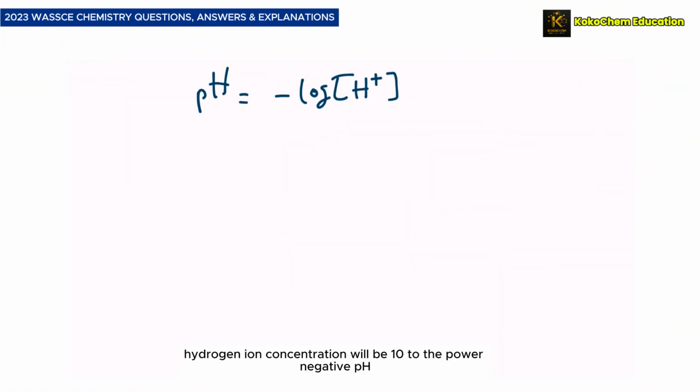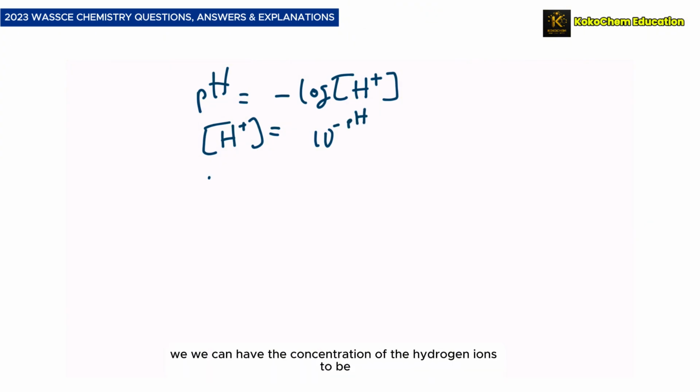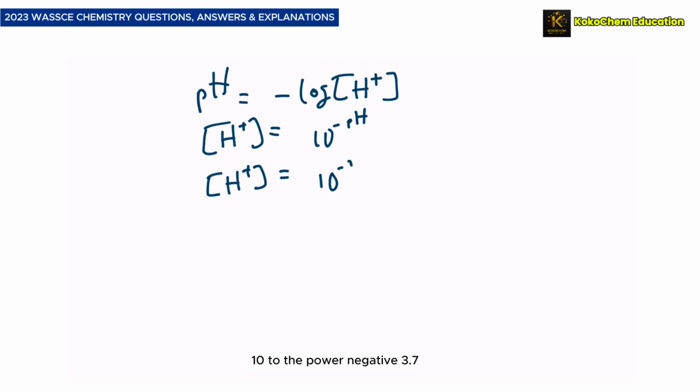So that means hydrogen ion concentration will be 10 to the power negative pH. Now that we know the pH to be equal to 3.7, we can have the concentration of the hydrogen ions to be 10 to the power negative 3.7.